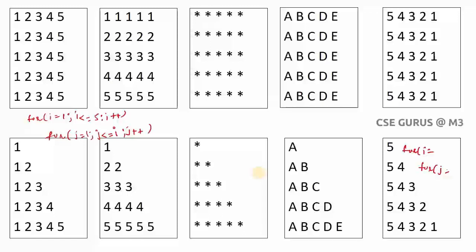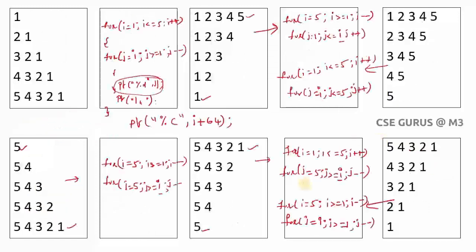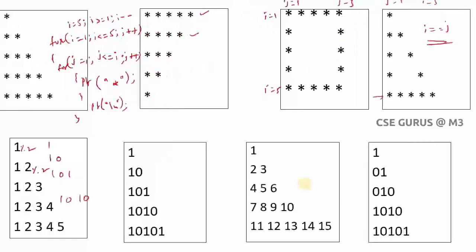In the next, 1 1 2 1 2 3, 2 is repeated, here 3 is repeated. Like this the digits are repeated. But if you consider this one, no number is repeated. You can see here 1 2 3 4 5 6 7 8 9 10 and 11 12 13 14 15. This has to be printed.